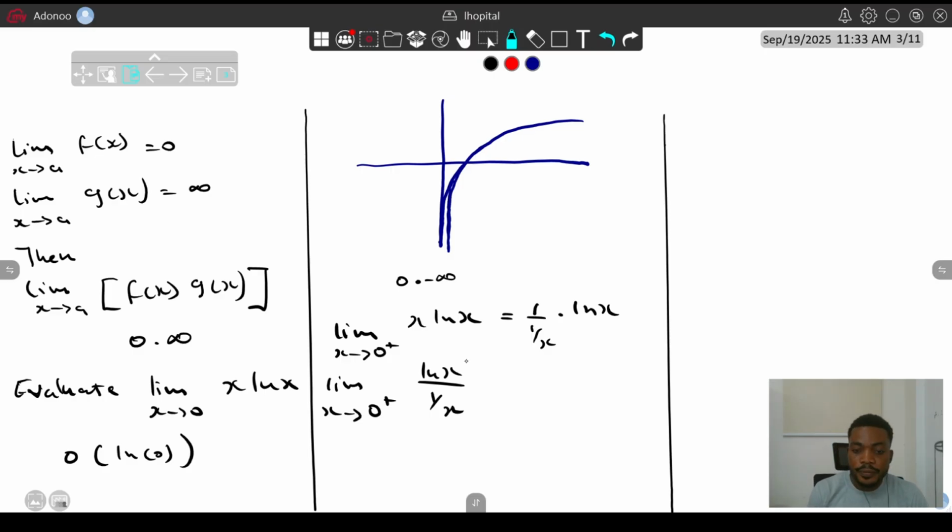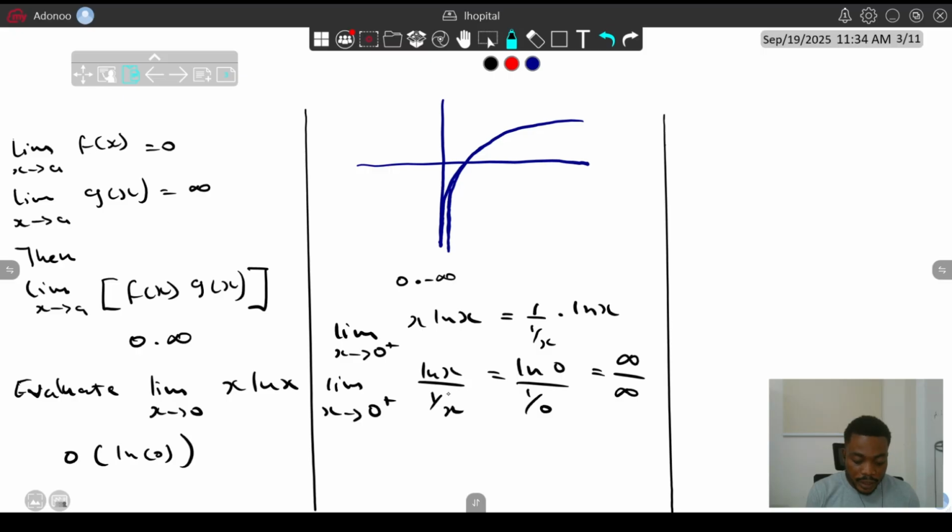So from here, we realize that if we insert 0 into the function, we are going to have ln 0 over 1 over 0, and this gives us infinity over infinity. 1 over 0 is infinity, right? So this is now in a known indeterminate form, and you guessed right, we can use L'Hopital's rule, right?